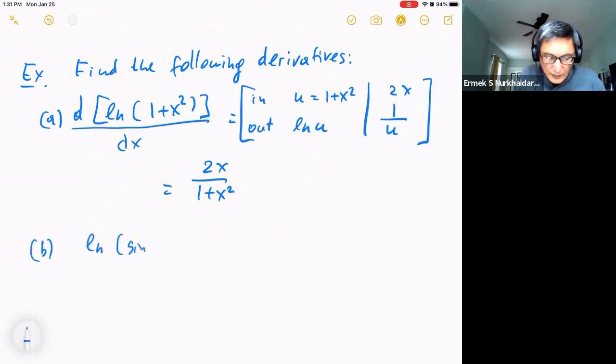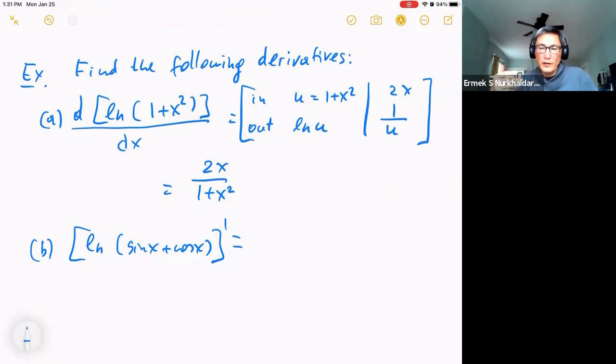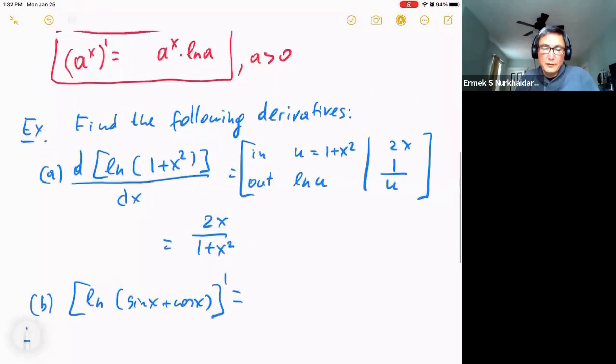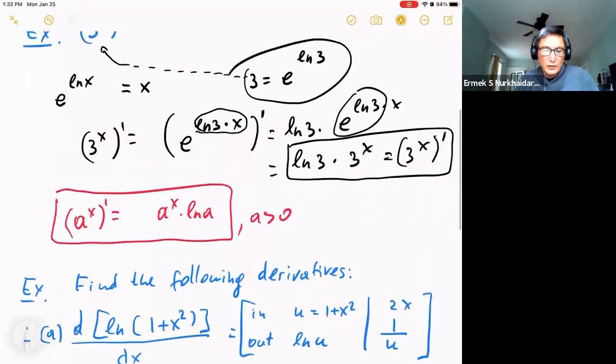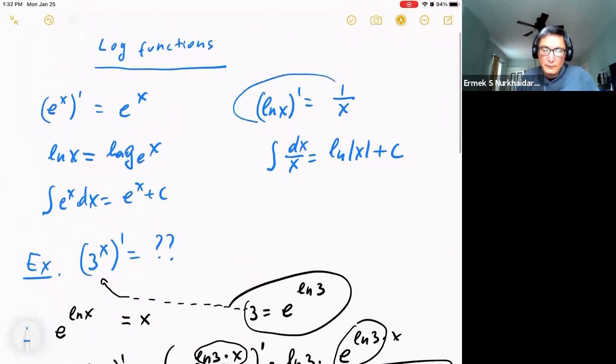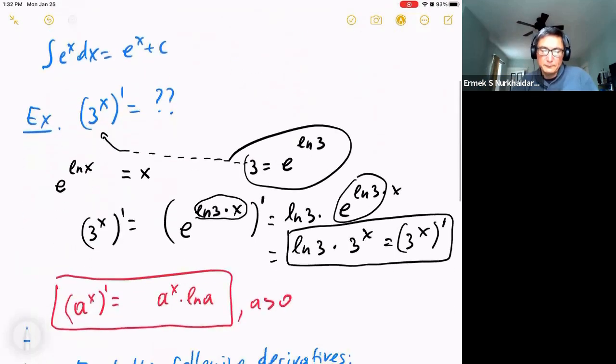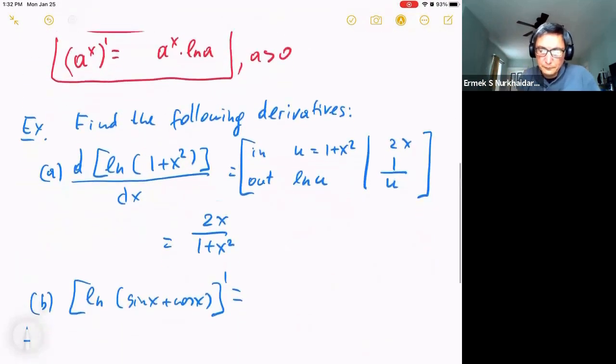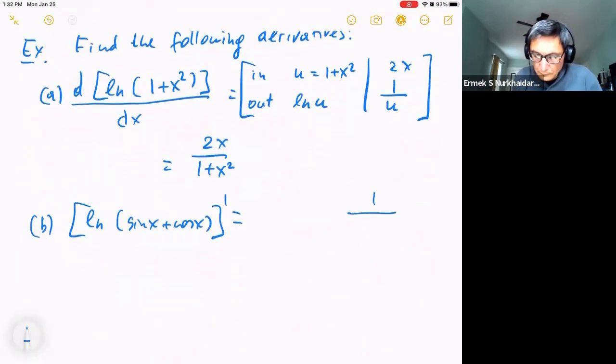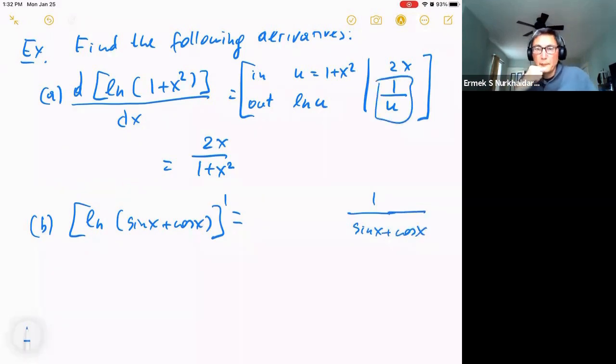Natural log of sine x plus cosine x, and I want to take its derivative. The derivative of natural log is 1 over the argument, 1 over u as we did in the previous case.